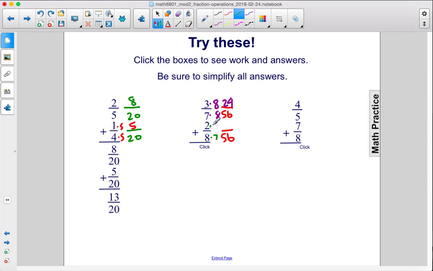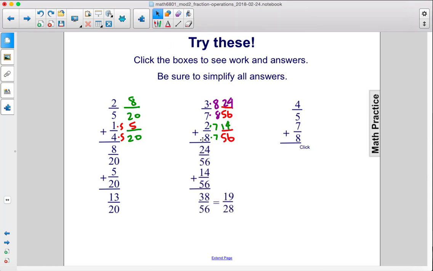So you just multiply 2 by 7, you get 14. Then, to continue on, you have 24 over 56 plus 14 over 56. You just add 24 and 14 together to get 38. And then you can actually simplify this fraction by making it 19 over 28. We just divided each of these by 2.